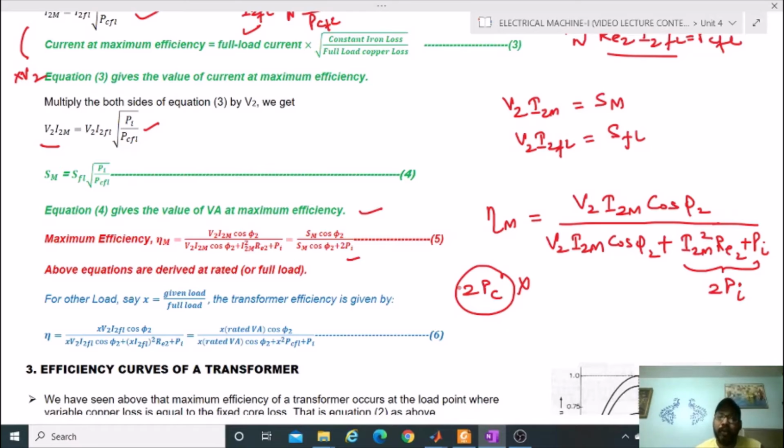It is not possible that the iron losses go to the copper losses, because the iron losses remain constant throughout the operation, but the copper losses vary.